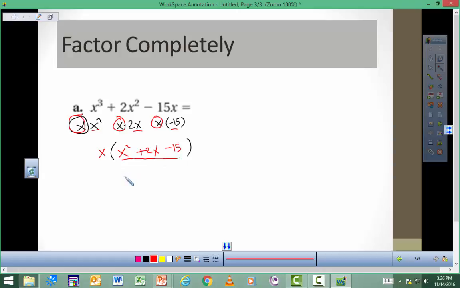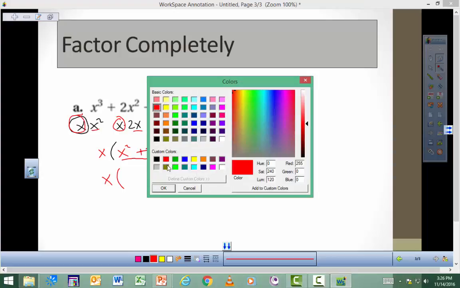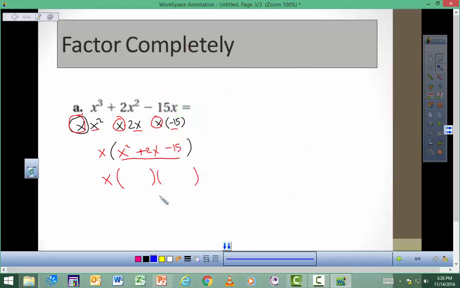not prime yet. We can write this in factored form now. And you might remember again from chapter 1 where we look at two factors here that give us the middle term. And we know two factors here are going to be x times x, right?